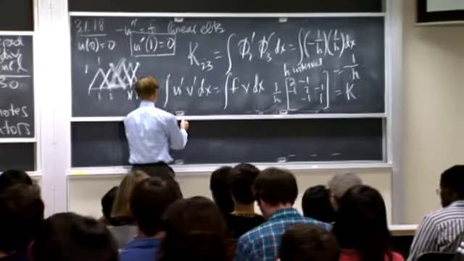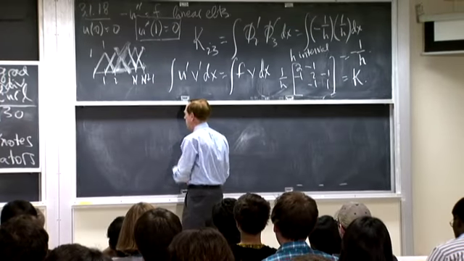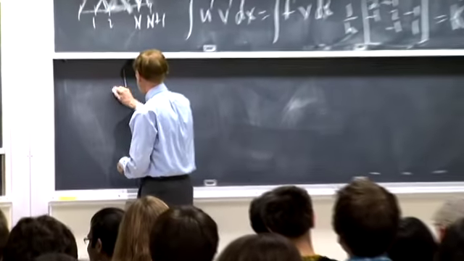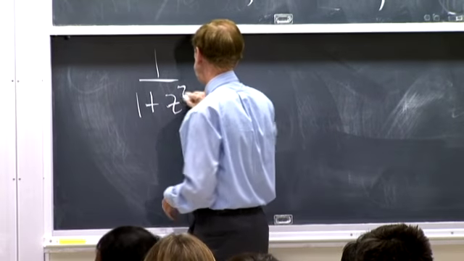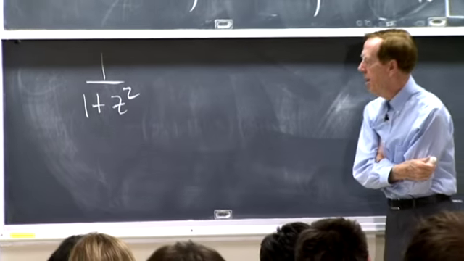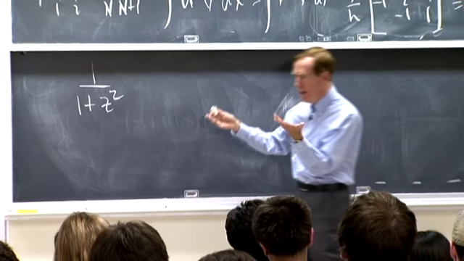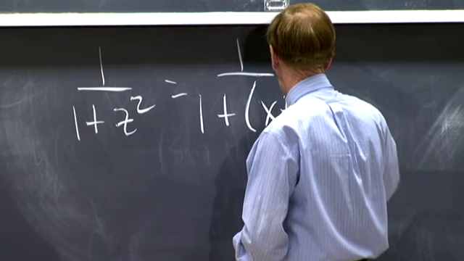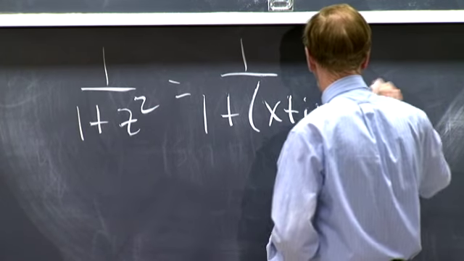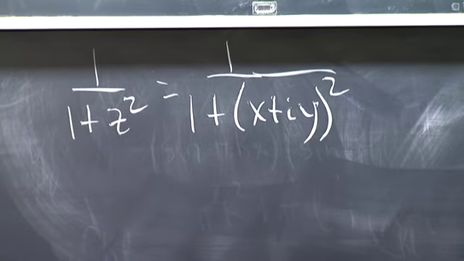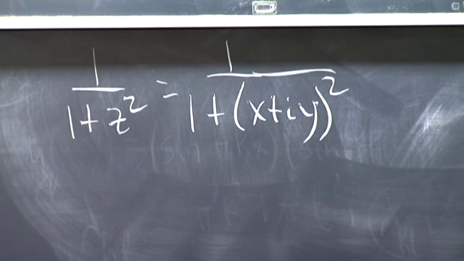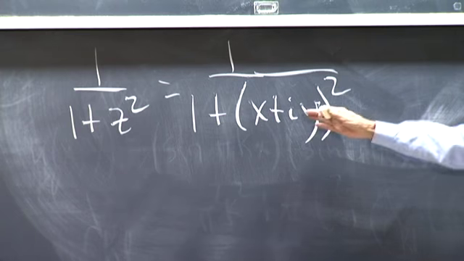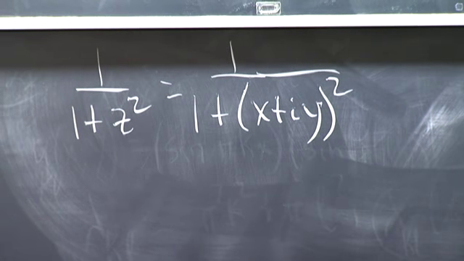I'll just say it, having used those words. Suppose I take that function. There's a function, z is x plus iy, but z is shorter to write. So it's not a polynomial, obviously, but it is a function of x plus iy.